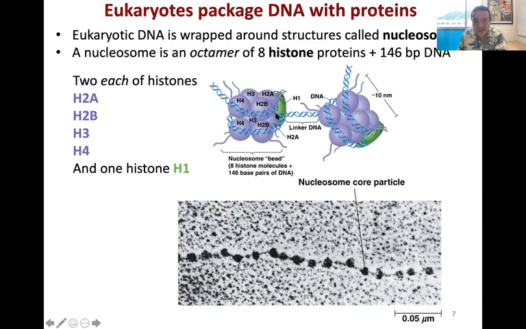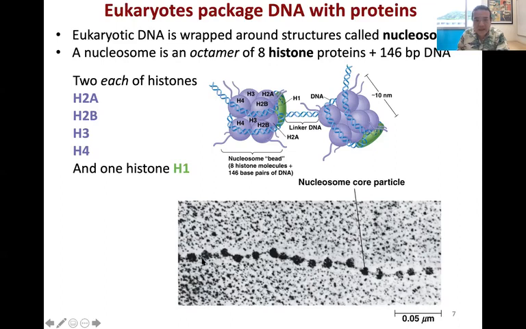It's held in place by the H1, and then it continues on through this naked stretch of DNA to the next nucleosome. So each nucleosome is about 10 nanometers in width. If you were to count the number of base pairs, individual A, T, C, and G rungs of the ladder going around this, it'd be around 146 base pairs of DNA encircling one nucleosome.